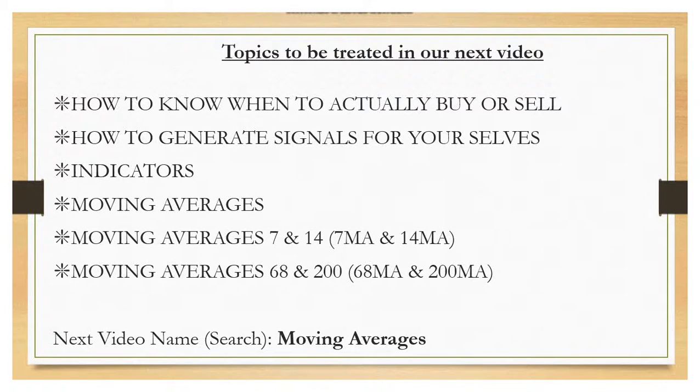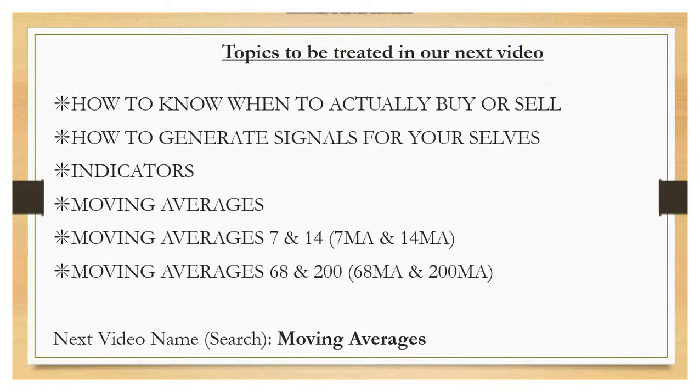Okay, so we are done with our topics. In our next video, this is the topic that we'll be treating: how to know when to actually buy or sell. Now we are getting into how to actually buy or sell, how to generate signals for yourselves, indicators, moving averages.